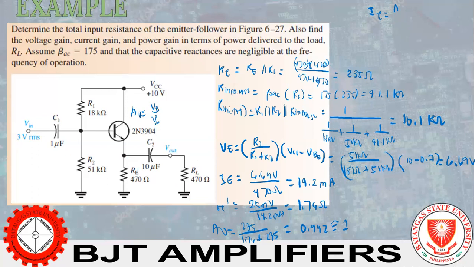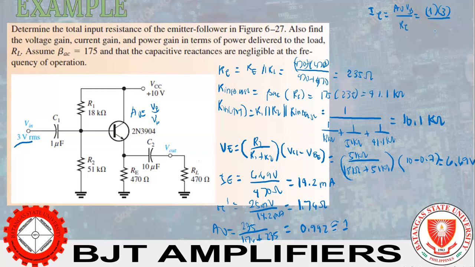So therefore 'yung VE natin ay pwede siyang AV times VB over RE, so approximately 1 times VB natin is, meron ba tayong VB? Ito, meron tayong VB, which is 3 volts.